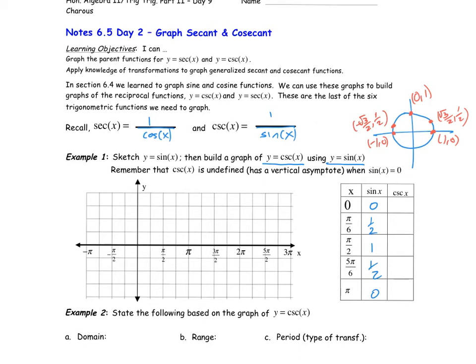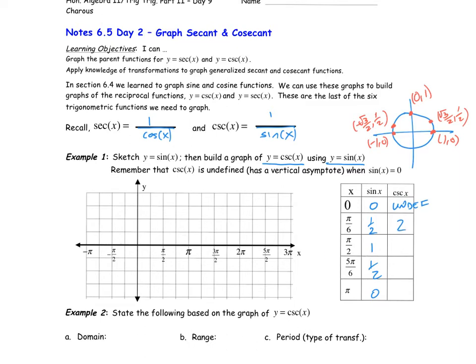And now that we have these particular points, I'm going to find out what cosecant is. Remember, cosecant is the reciprocal of sine. So cosecant of 0 is 1 over 0, which is undefined. Cosecant of pi over 6 is going to be the reciprocal of 1/2. So that's going to be 2.